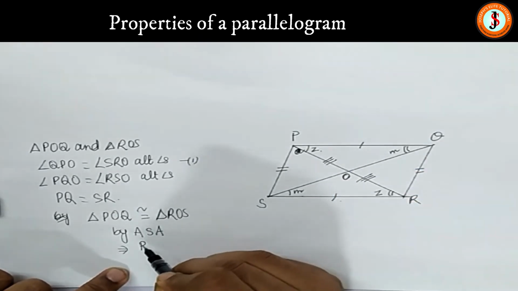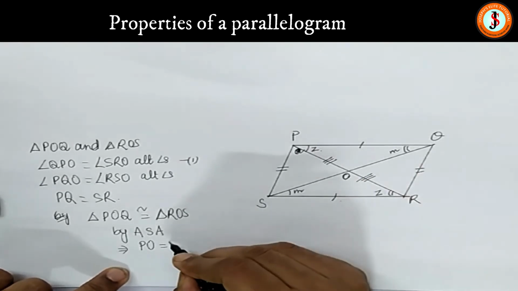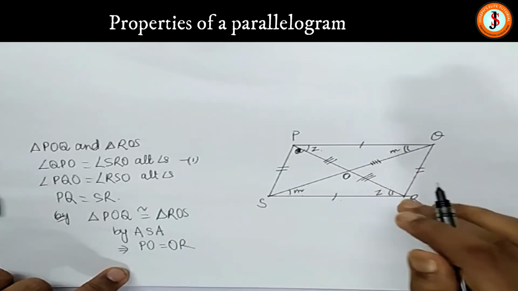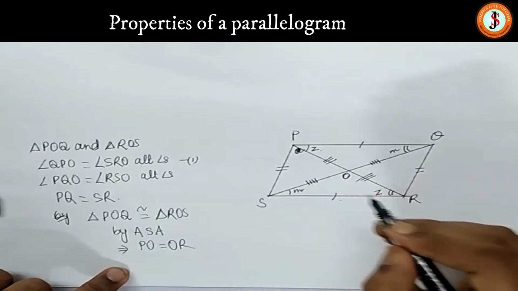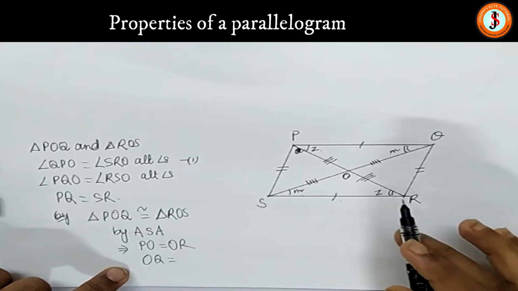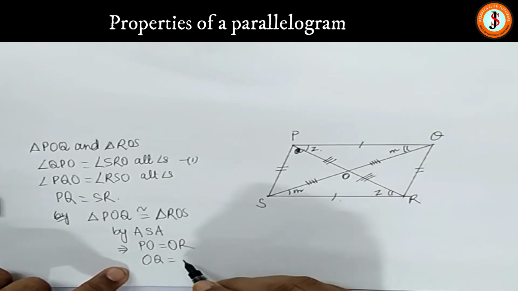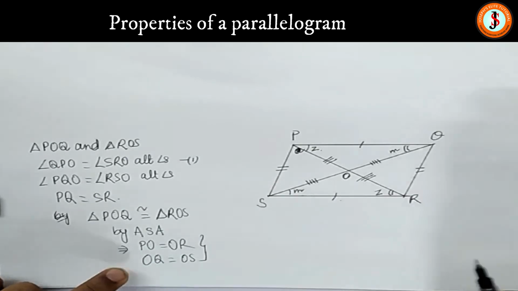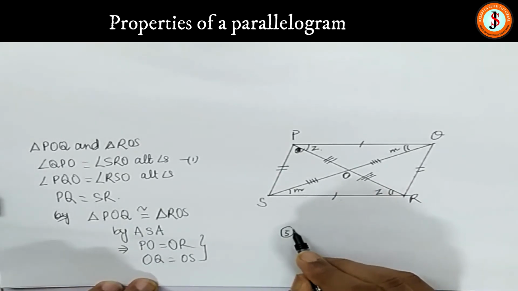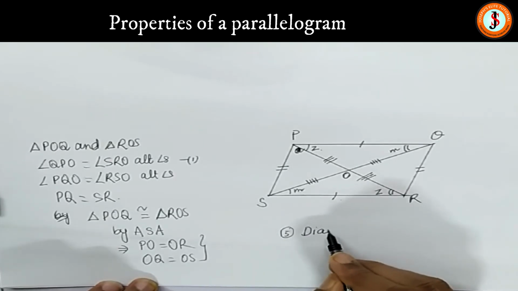That means PO is equal to OR, and the side in front of Z, if it is 4 dash, then the side in front of Z is 4 dash. So OQ is equal to OS by CPCT. So we get the fifth property, that is diagonals of a parallelogram bisect each other.